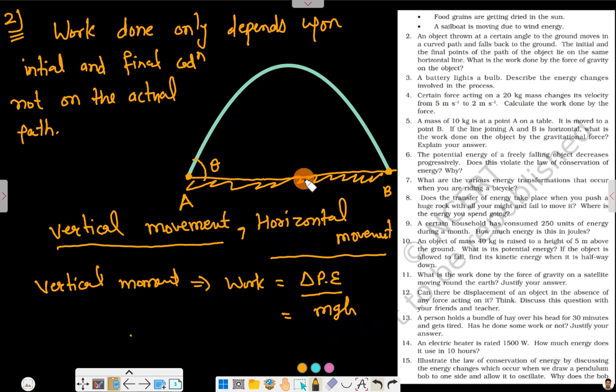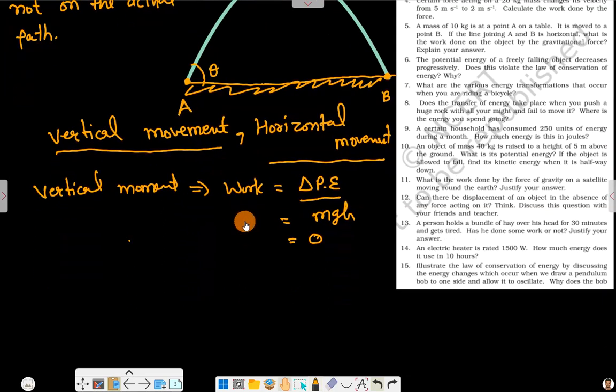Now both points A and B are at the same height, so the change in potential energy is zero. The energy at A is zero and the energy at B is zero, because both points are on the ground, and on the ground we consider potential energy as zero. So the change in potential energy is also zero. So due to vertical movement, the work is zero.